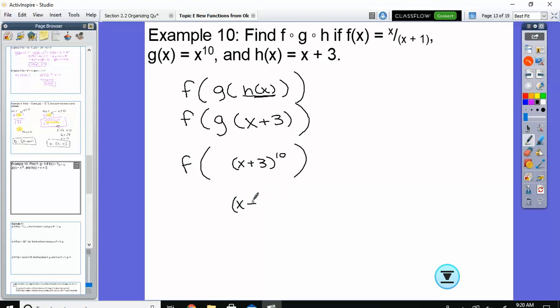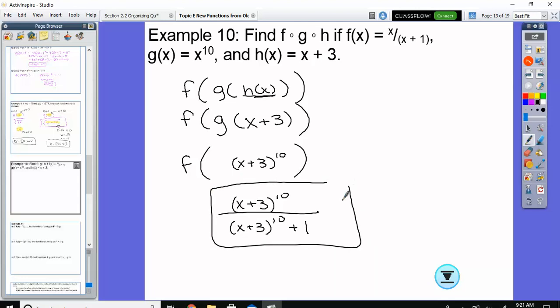So f is whatever we put in over whatever we put in plus 1. Is that one okay?